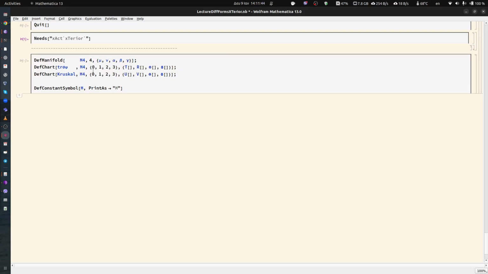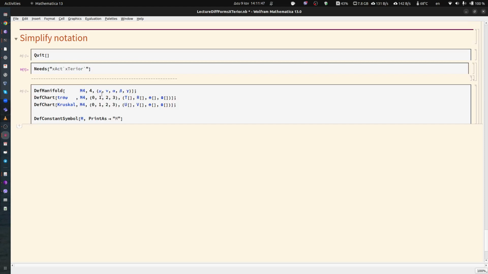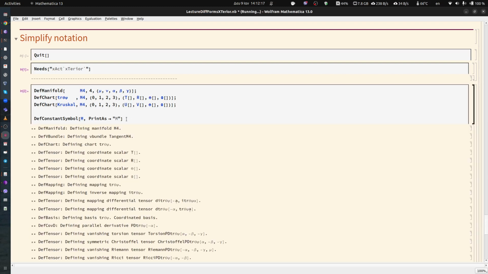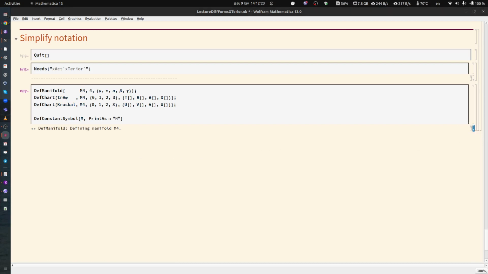So again, I define the four-dimensional manifold M4 with indices alpha, beta, gamma, delta. And then I change a little bit the notation for the coordinate functions. So instead of using small letters, I use capital letters for all of them. You will soon see why I do that. So again, I have t r theta phi, but now the symbols are capitalized, and here I have u v theta phi with all symbols capitalized. Mathematica doesn't care about that, so xAct is making the appropriate definitions and declarations.